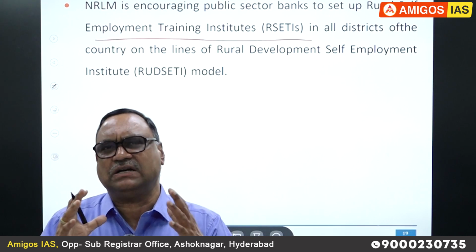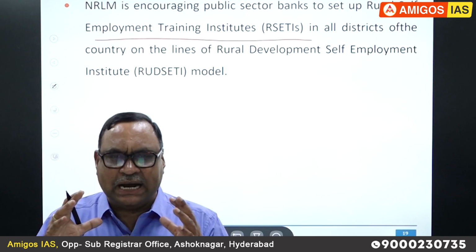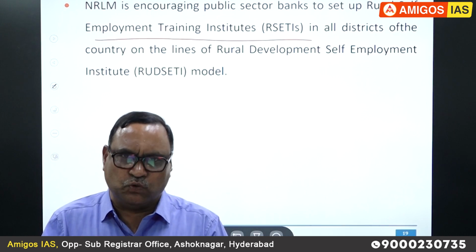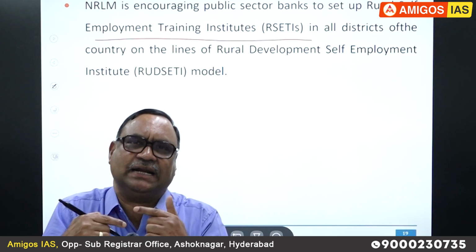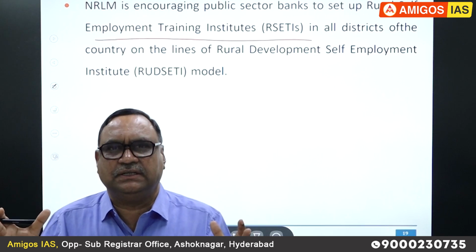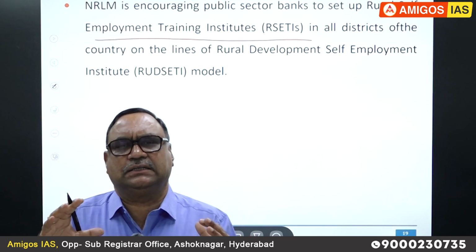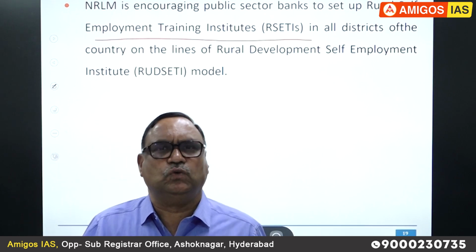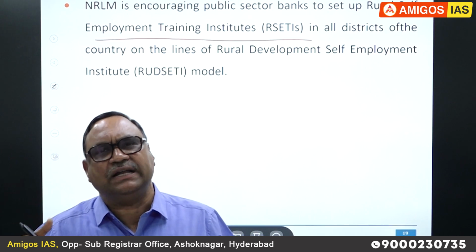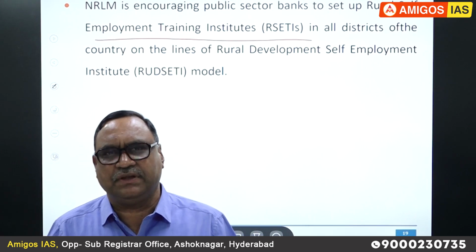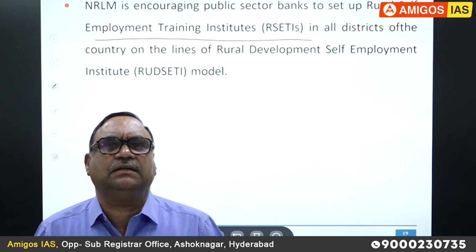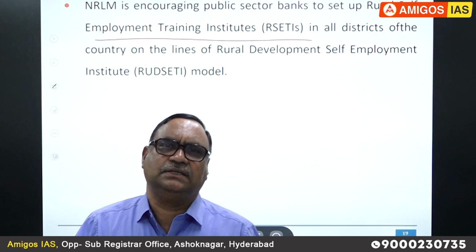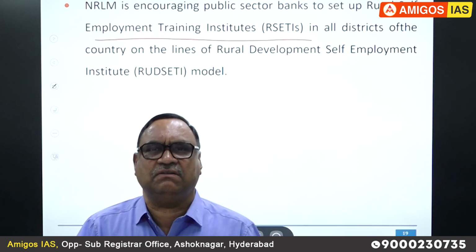So the main focus of NRLM is to encourage rural households to form self-help groups, and these self-help groups are encouraged to form their own federations, and apart from that, to build community institutions to generate livelihood opportunities in different regions of the country. And another important aspect is that different agencies are created at block level, district level, state level, and national level.